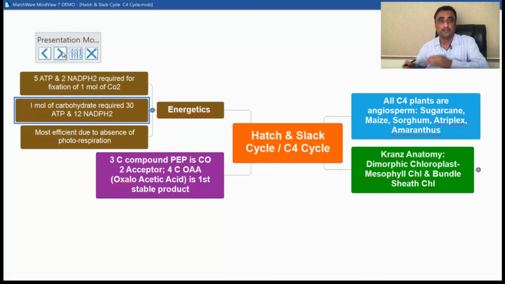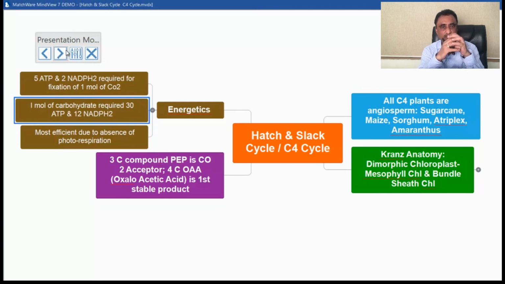This is the most efficient mechanism for CO2 fixation, or rather it is more efficient than the C3 cycle. Now why is it more efficient? The reason behind the efficiency lies in the Kranz anatomy. The Kranz anatomy ensures complete carboxylation within the bundle sheath cells.